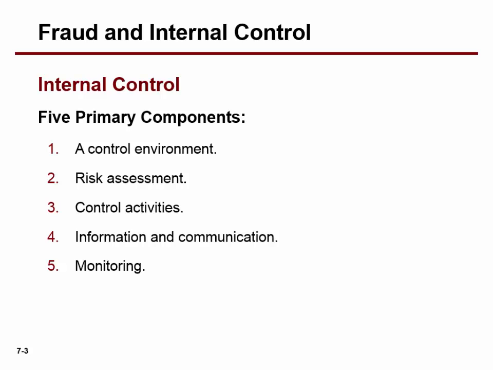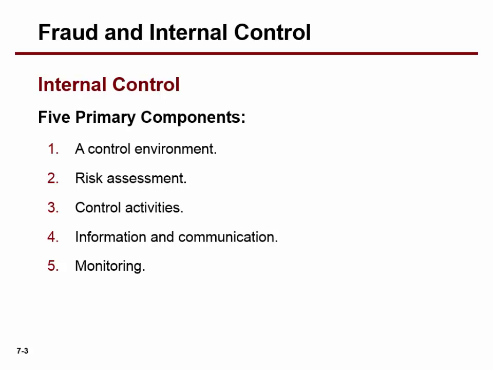Now, when you look at internal control, the process here is to have a good control environment, and to do risk assessment to see how that will affect our objectives, our reliability of financial reporting and safeguarding of assets. Then we put control activities into place to help us achieve those objectives.